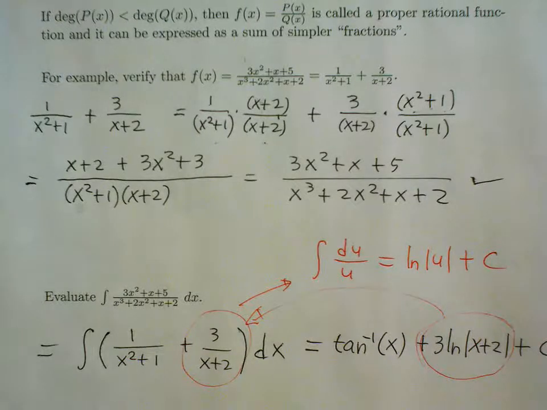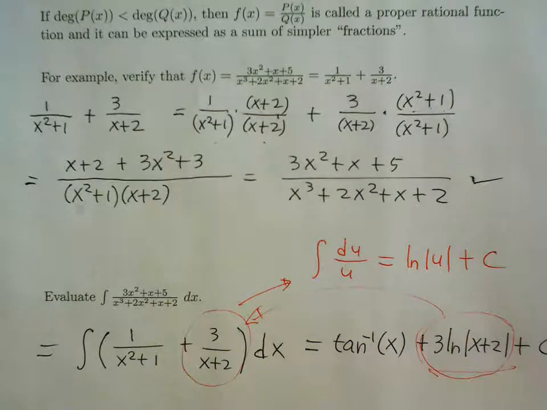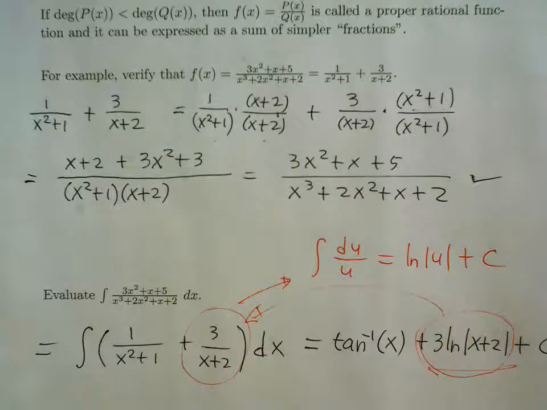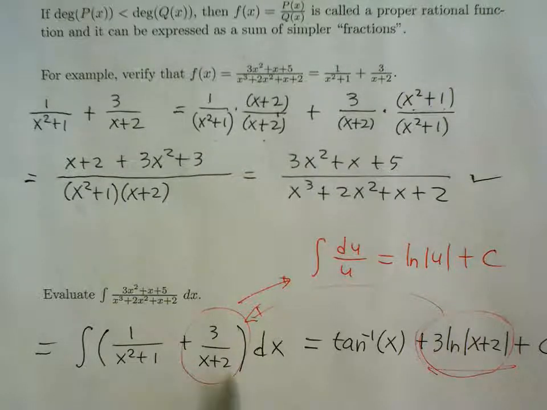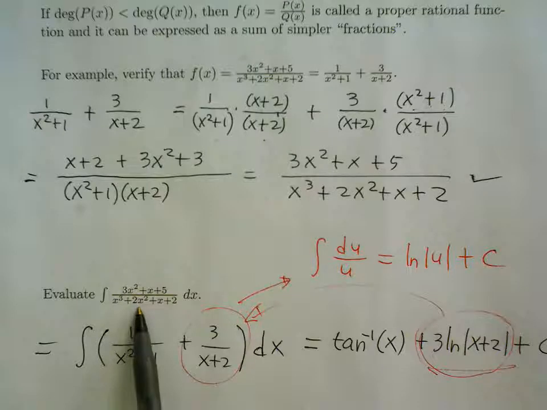Or you can just remember. Okay, so you might agree that finding the antiderivatives of the two smaller fractions is easier to take on than if you try to do the whole thing by itself.